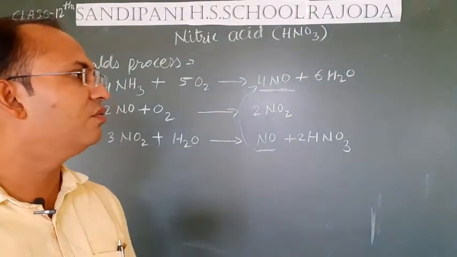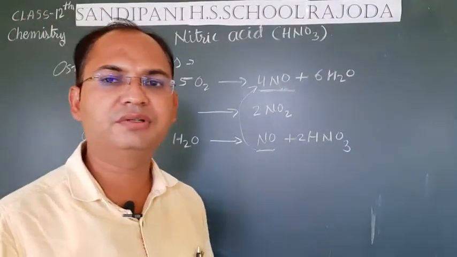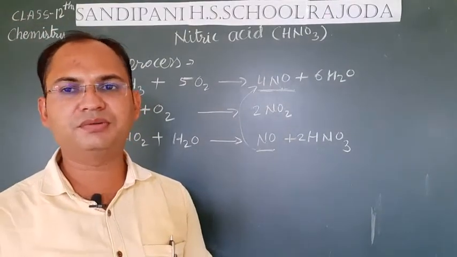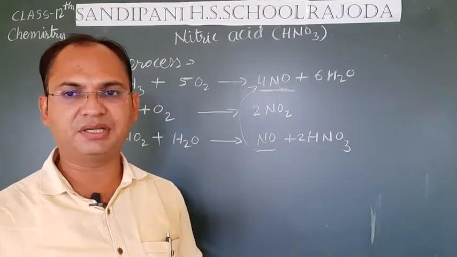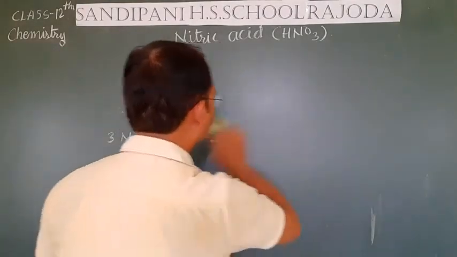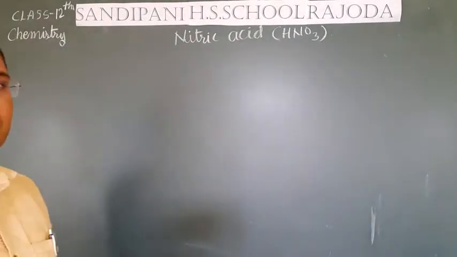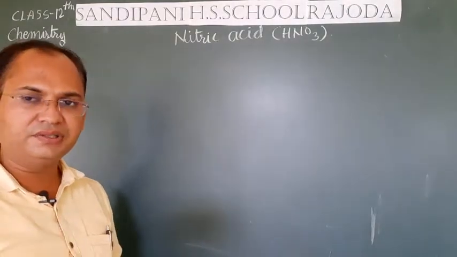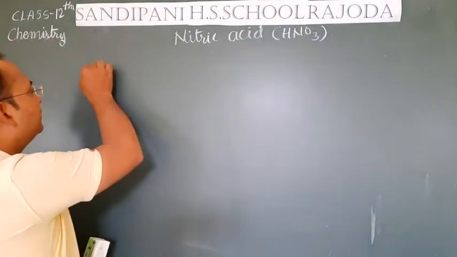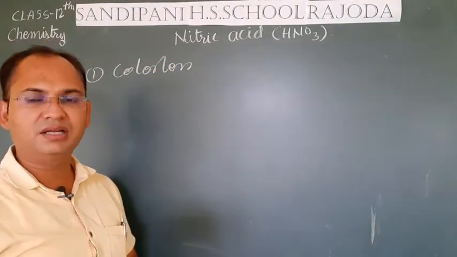Now let's see what are the main properties of the nitric acid. Whenever we talk about the properties of any chemical compound, then we take 2 types of property, physical and chemical. So first of all, let's see the physical properties of the nitric acid, and then we will discuss the chemical properties of the nitric acid. First of all, in physical properties we always consider the color of the substance. So the nitric acid is colorless.